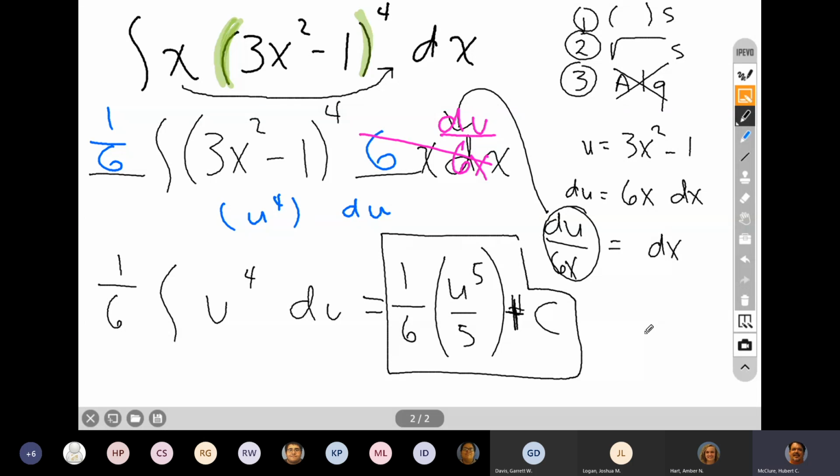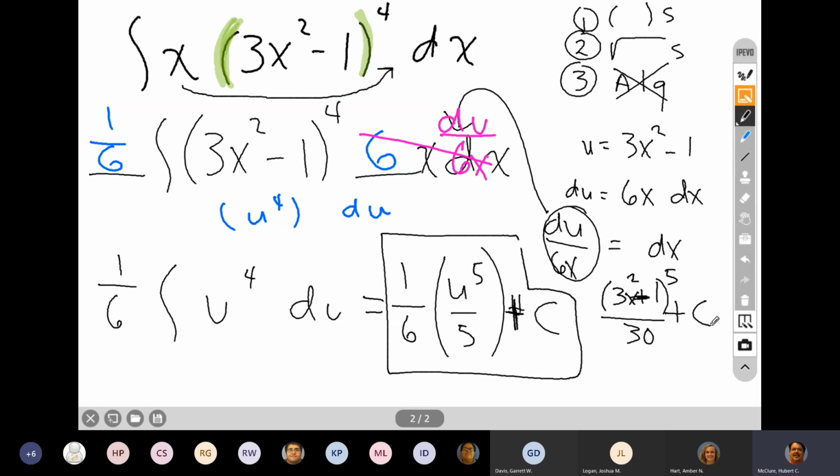So it's going to be parentheses 3x squared, sorry, minus 1 to the 5th power over 30 plus c. Now, take the derivative of that.